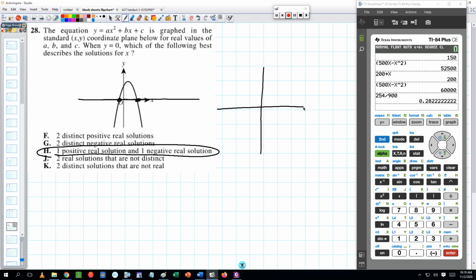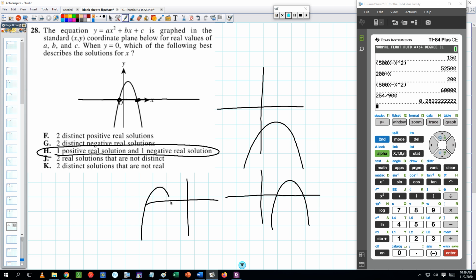If the drawing had looked like this, then you would have had two imaginary answers, so no real answers, and that would be the answer for K. If you had this, both of your answers are positive. If you had this, both of your answers are negative. Two answers that are not distinct, J, would mean the graph came up and touched and then fell. Your answer is H. You have one negative, one positive.